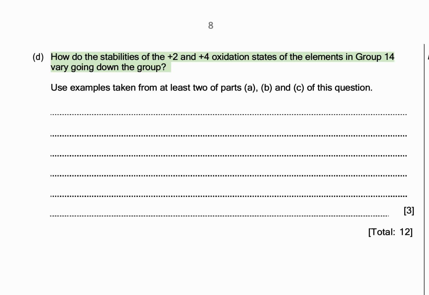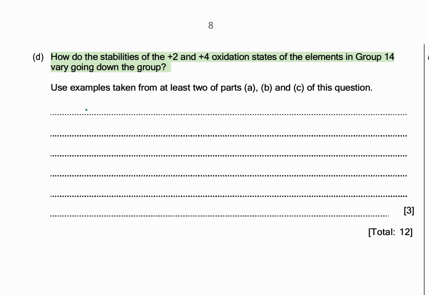Next question. How do the stabilities of the +2 and the +4 oxidation states of the elements in group 14 vary going down the group? Use examples taken from at least 2 of parts A, B, and C of this question.